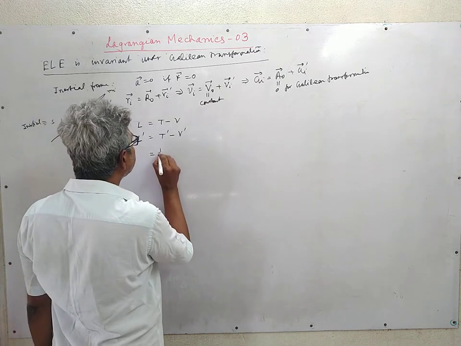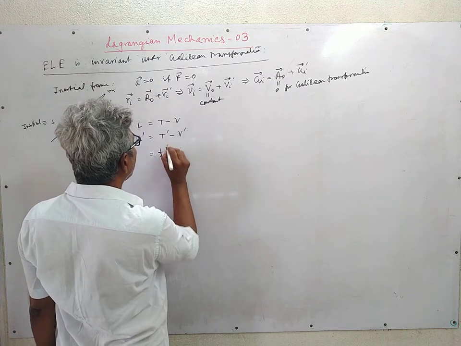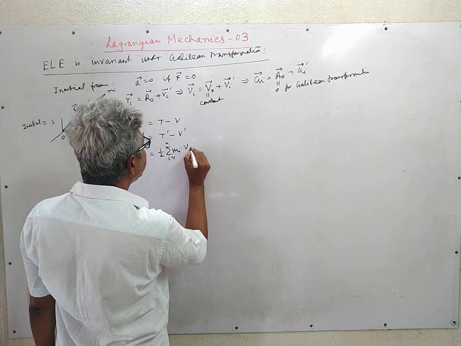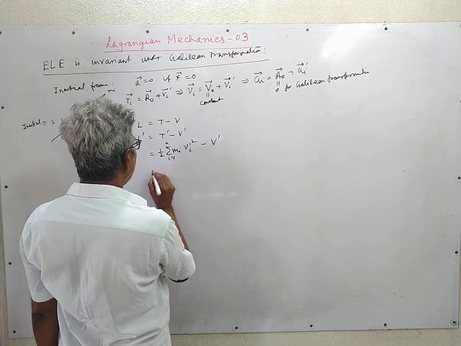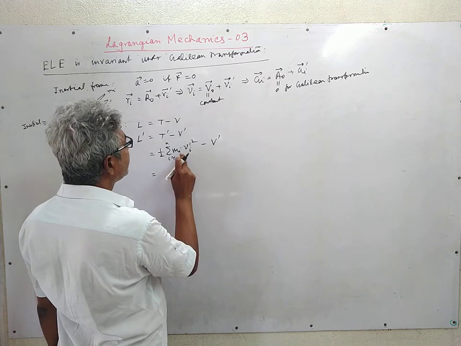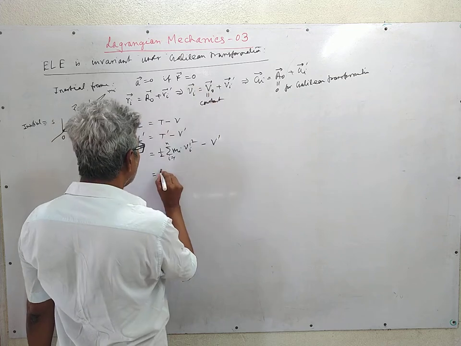So this T prime is half sum over i equal to 1 to n of mi vi prime square, minus V prime. We write this vi prime as v minus v0.